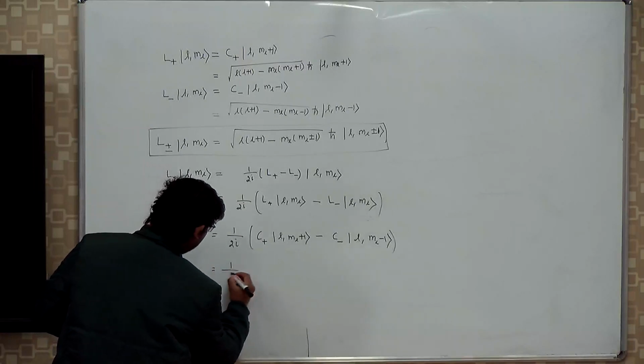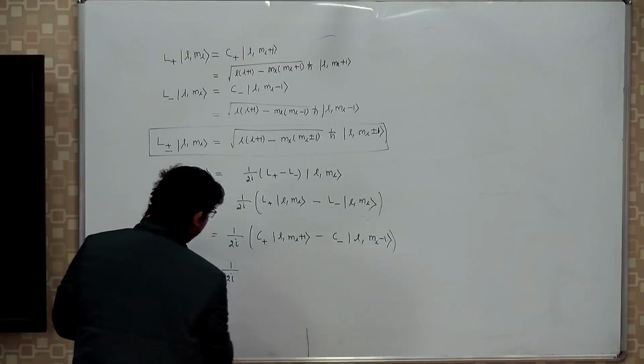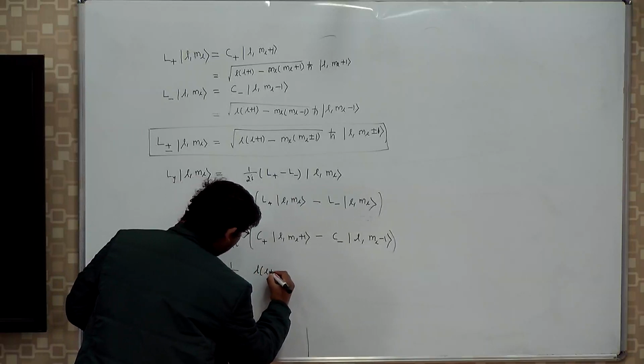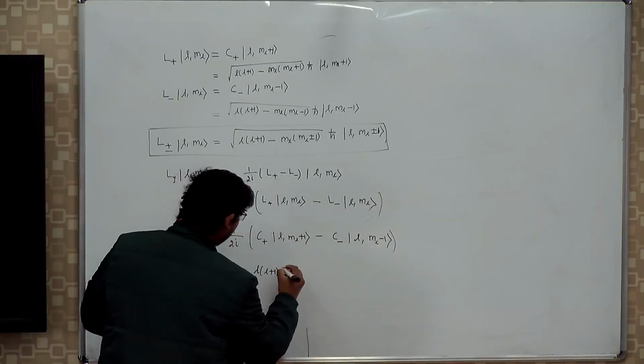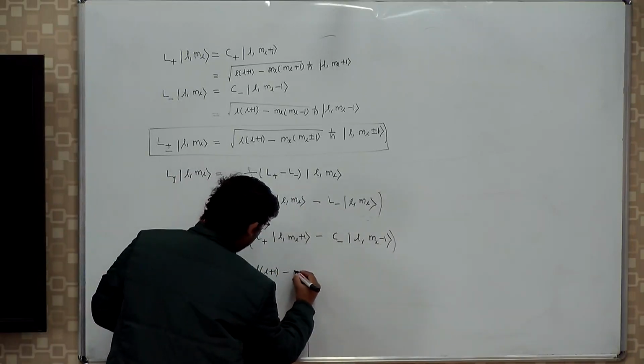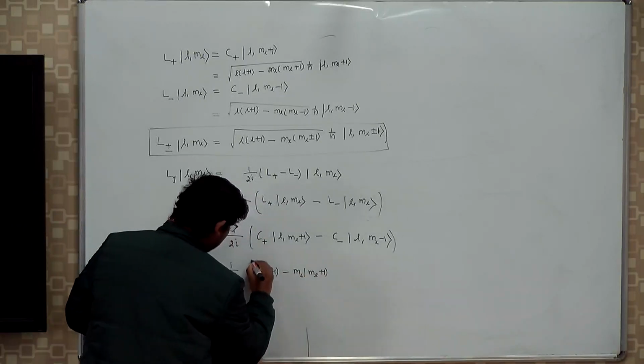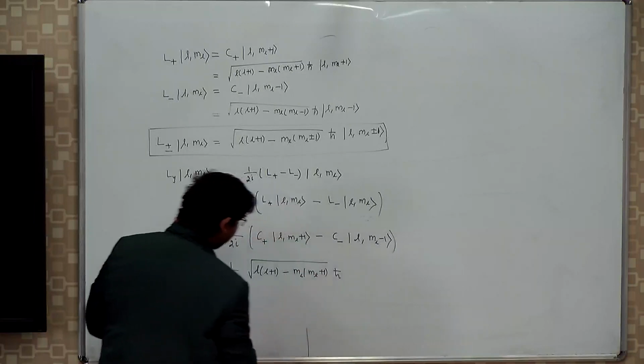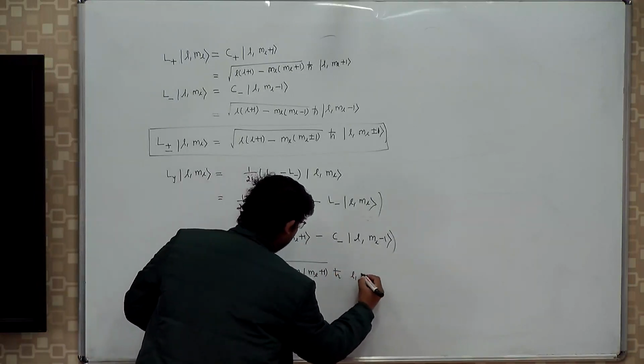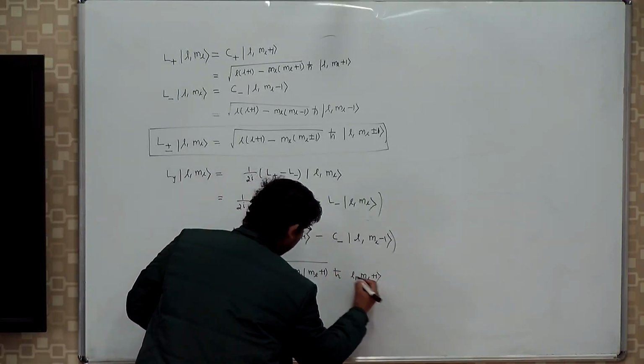Further, C+ is the square root of L(L+1) minus mL(mL+1) times h-cross, with L, mL plus 1.